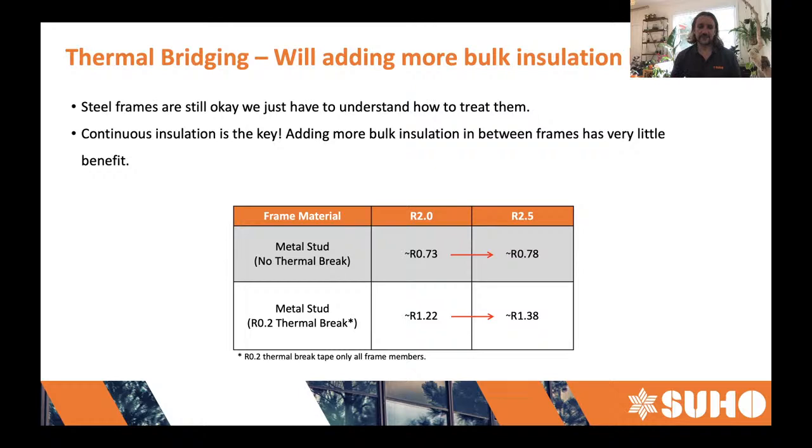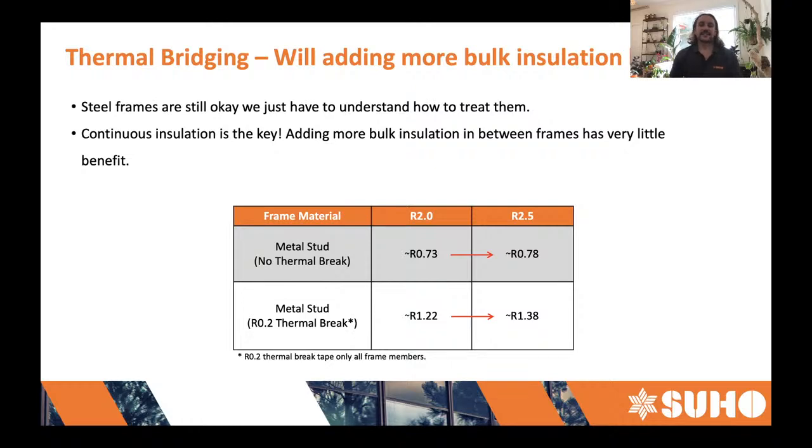At the end of the day, we have to start considering continuous insulation and using that to achieve the R values that we require. This example, although talking about a wall, is exactly the same for other elements. I've had a similar issue with some of our modular clients, who obviously have lightweight frames and generally prefer to put insulation between joists as opposed to underneath them.